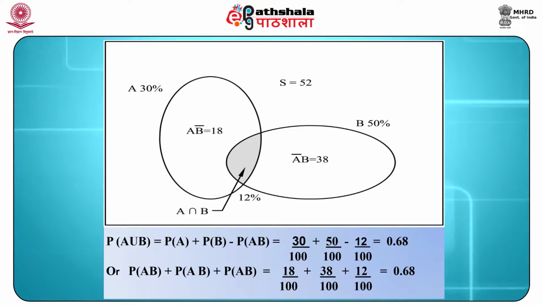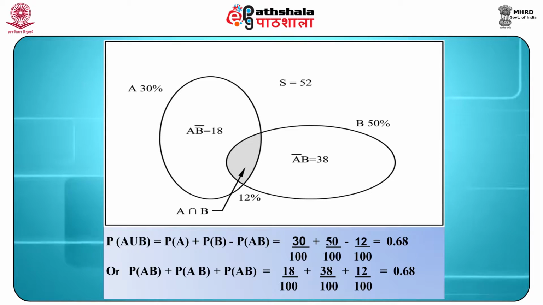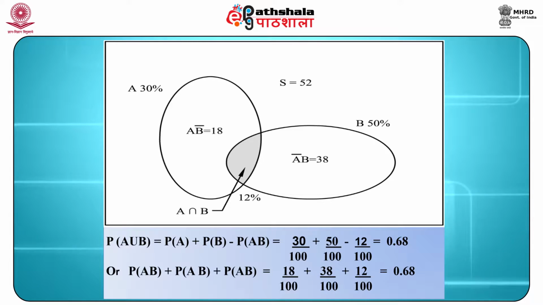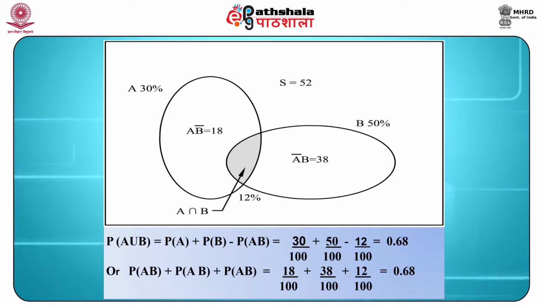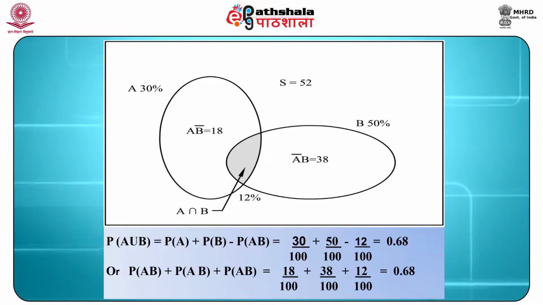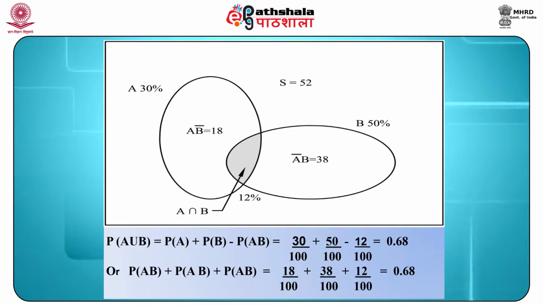So, what we have is probability of A union B is equal to probability of A plus probability of B minus the probability of AB, which is then equal to 30 divided by 100 plus 50 divided by 100 minus 12 divided by 100, which is equal to 0.68. Or, probability of A only plus probability of B only plus probability of A and B is equal to 18 by 100 plus 38 by 100 plus 12 by 100, which again comes to 0.68.